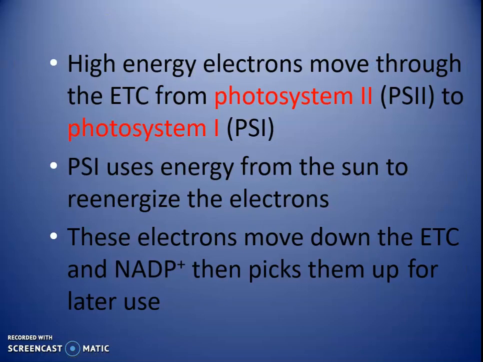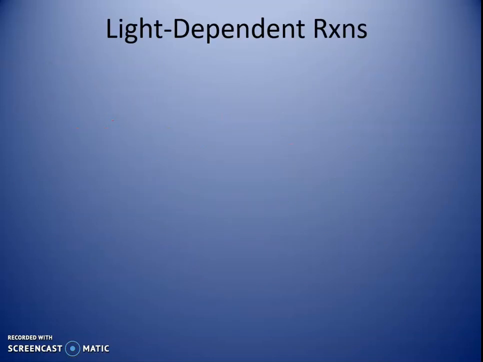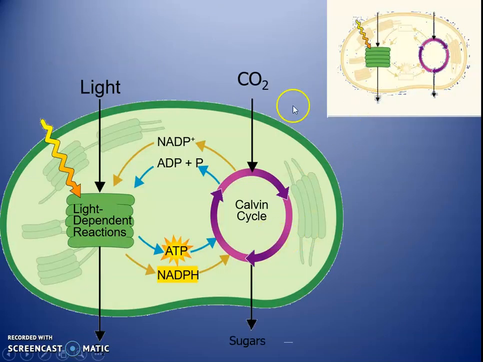So again, when we take a look at that overall picture that we looked at in the beginning, we see that the light-dependent reactions are using light to break up water molecules to get electrons that they use to pump protons across this thylakoid membrane, and those protons can be used to make ATP.